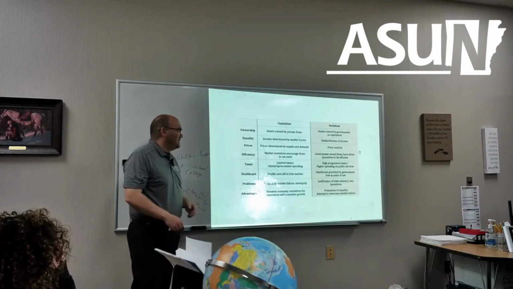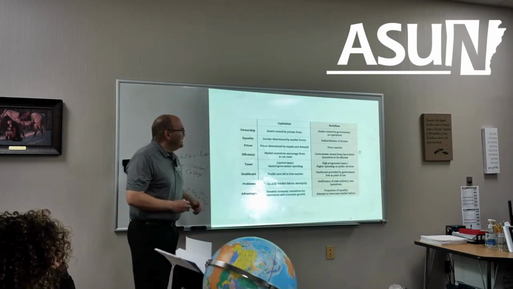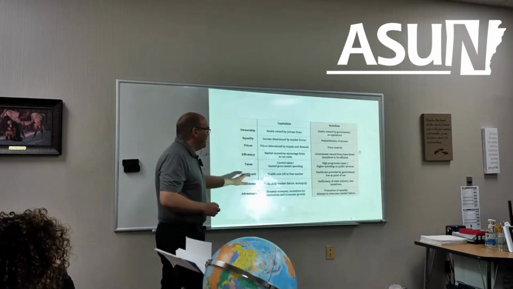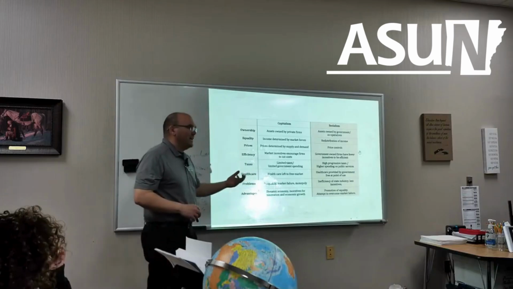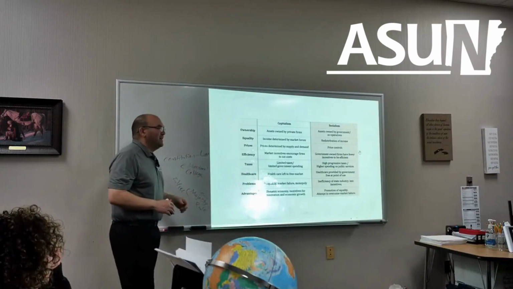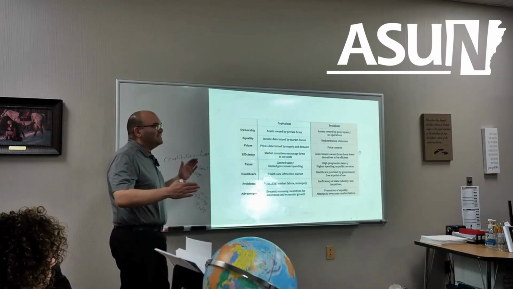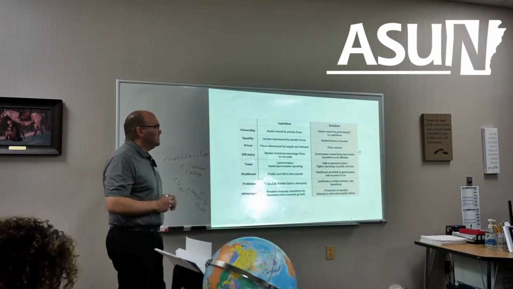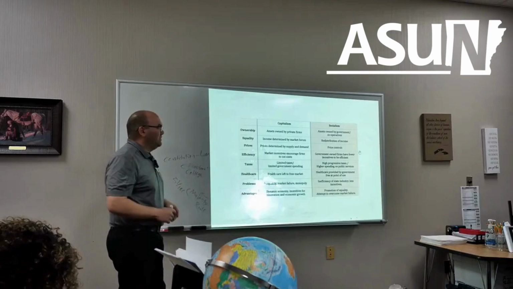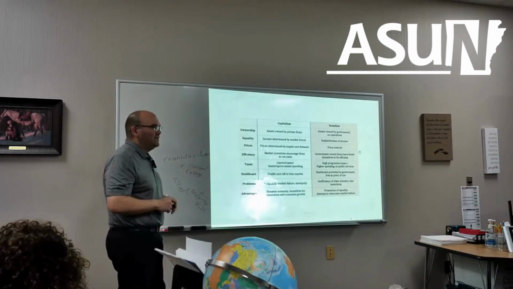Obviously, we're a capitalistic country, but we are not a true capitalistic country. I would say maybe from 1880 to 1920 we were. It was just survival of the fittest, supply and demand.